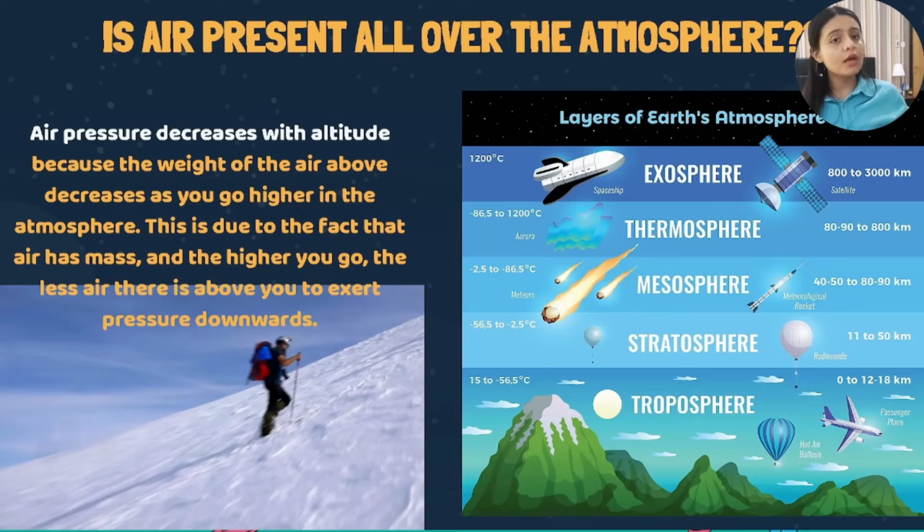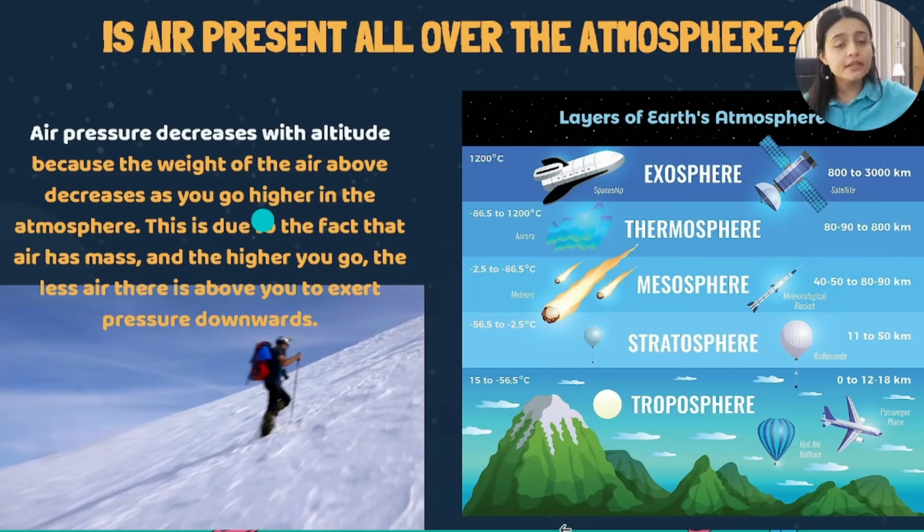So it is clear now that at high altitudes the air pressure decreases. Here it is written the same: air pressure decreases with altitude. Altitude means height, because the weight of the air above decreases as you go higher in the atmosphere.